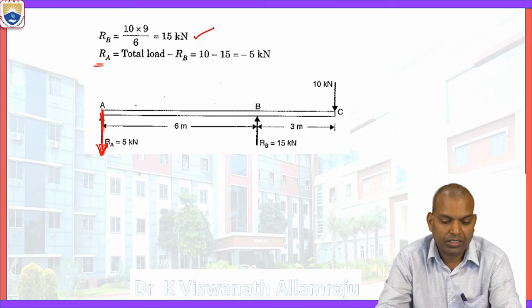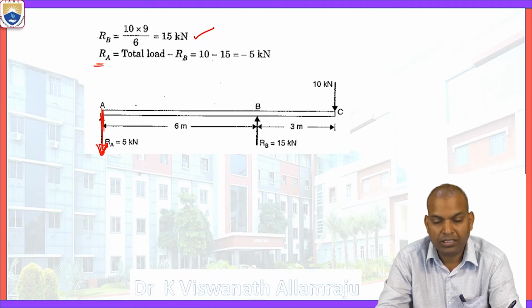Even though we are considering an overhanging beam where the load of 10 kilonewtons acts at the free end, by physical examination we think this load is carried by supports A and B. But after calculating the reactions, we find that only one support is carrying the entire load.